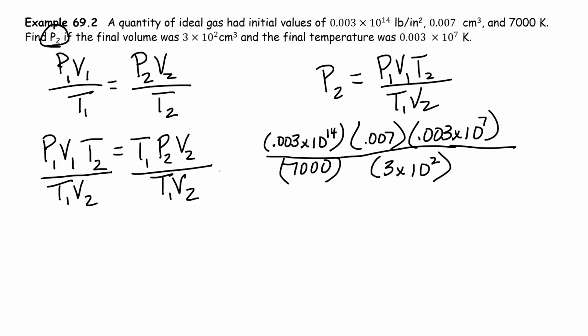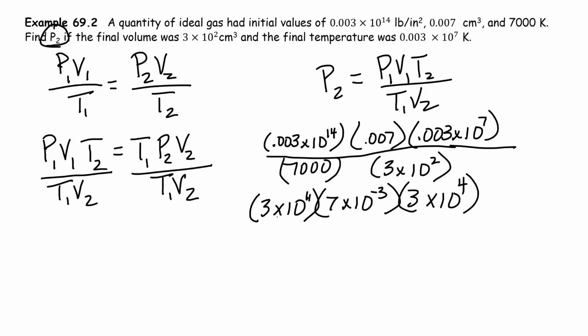So if we simplify this, we've got 0.003, that's 3 times 10 to the negative 3, so up there we have 3 times 10 to the 11th, and then we've got 7 times 10 to the negative 3, and then 3 times 10 to the negative 3 times 10 to the 7th, so that's 3 times 10 to the 4th. And then on the bottom, we have 7 times 10 cubed times 3 times 10 squared. So we can cancel some things.